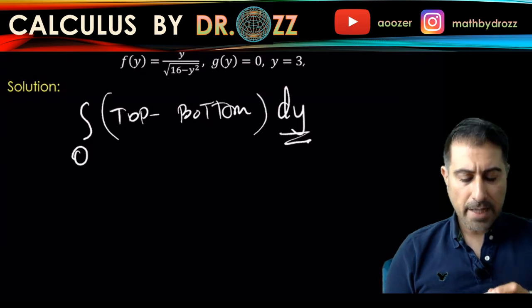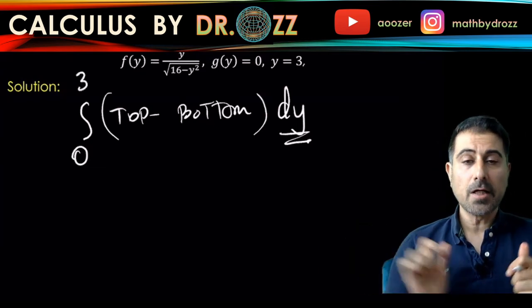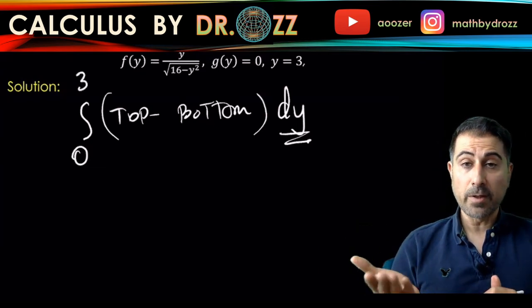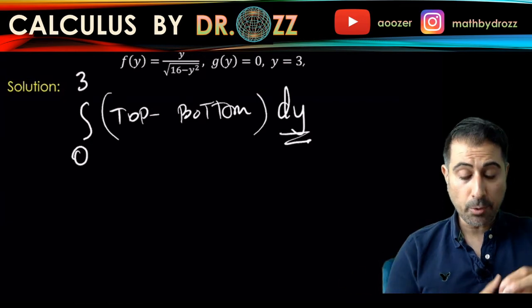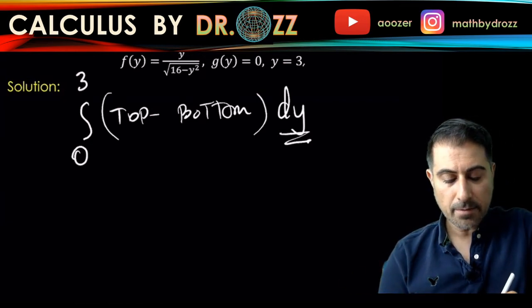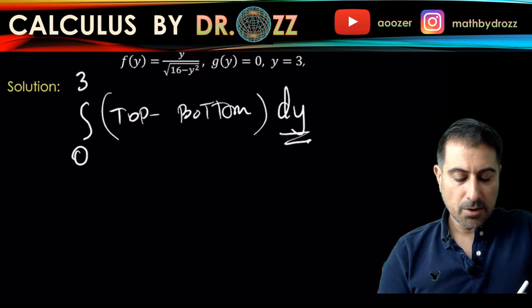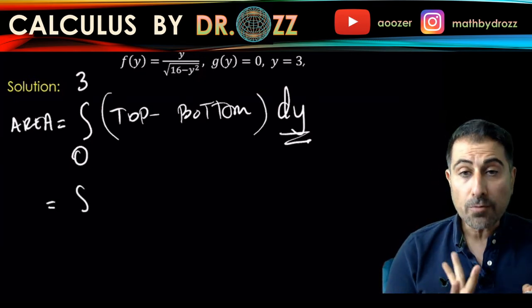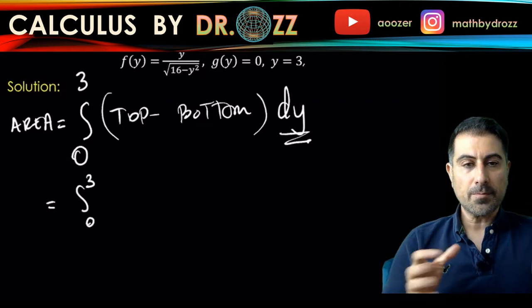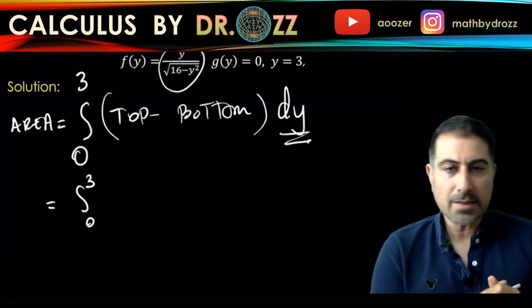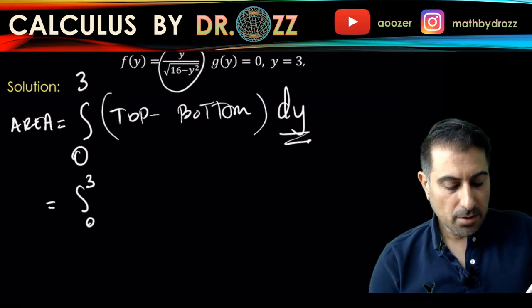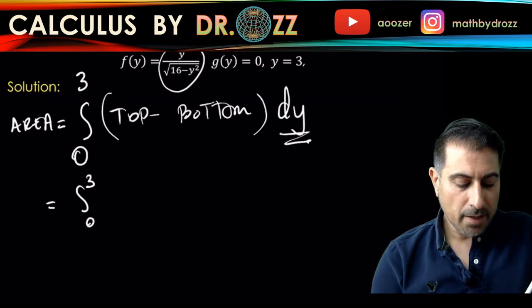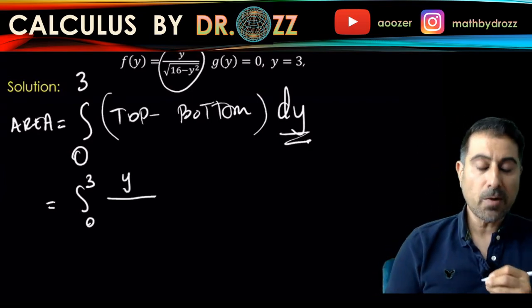So now I'm going to put the y version of the functions, which is in fact what is provided in the question. So this is the area, right? This is equal to the integral from 0 to 3. The top function is the blue curve in this setup, the positive x-axis side is the top. So y divided by the square root of 16 minus y squared.